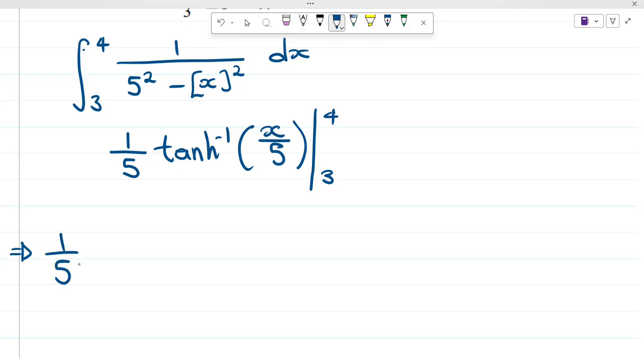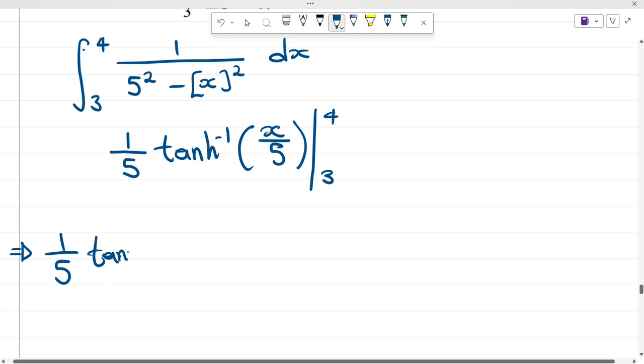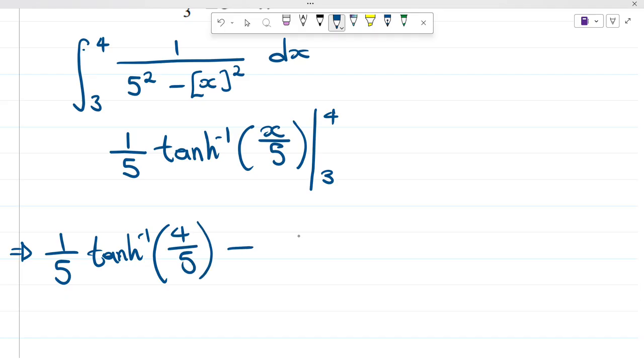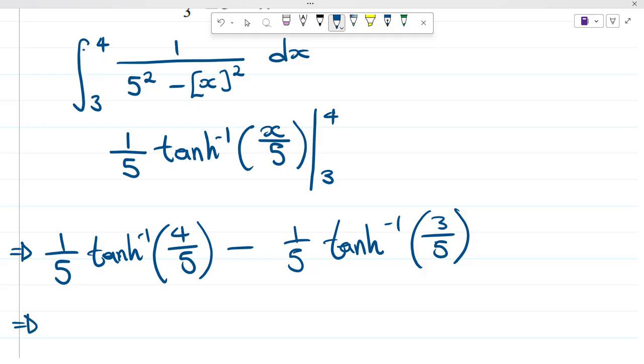So this is going to be 1 over 5 hyperbolic tan inverse of 4 over 5 minus 1 over 5 hyperbolic tan inverse of 3 over 5. And then I'm gonna punch in my calculator right now. I'll let you know what I get. So for now, be patient with me as I punch this thing.